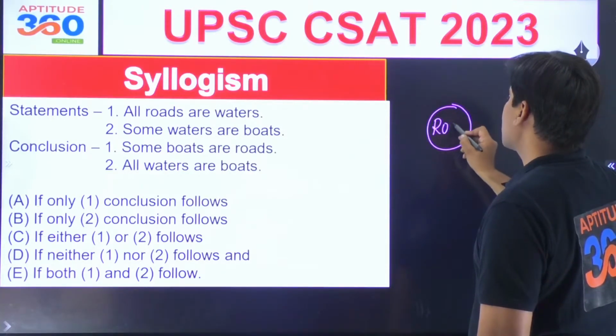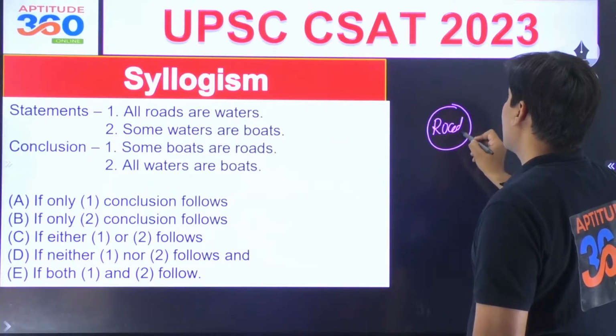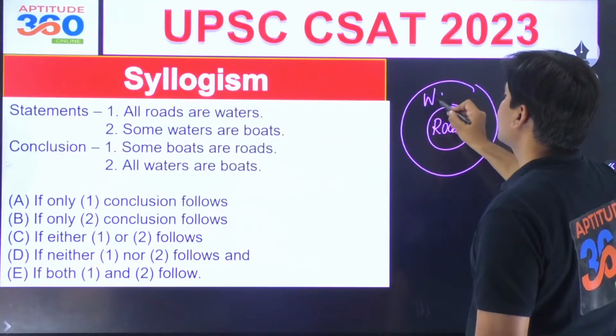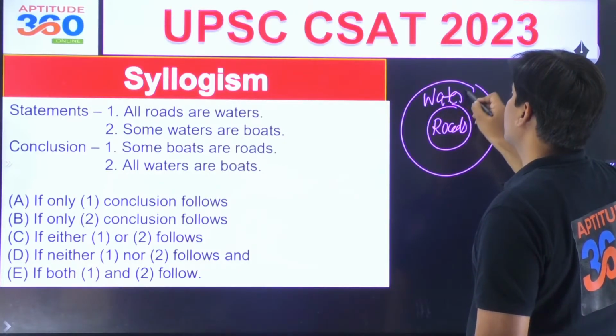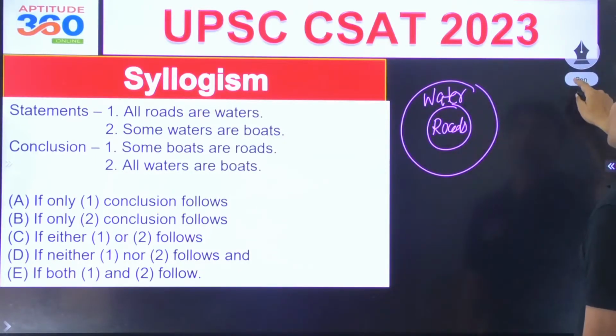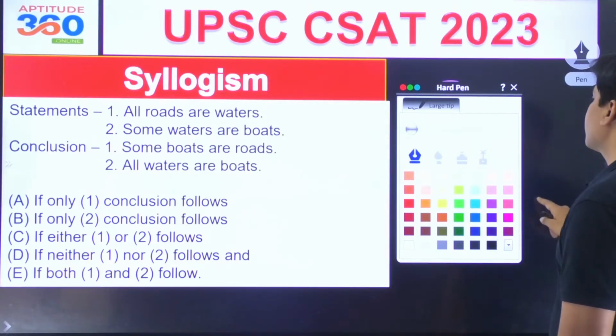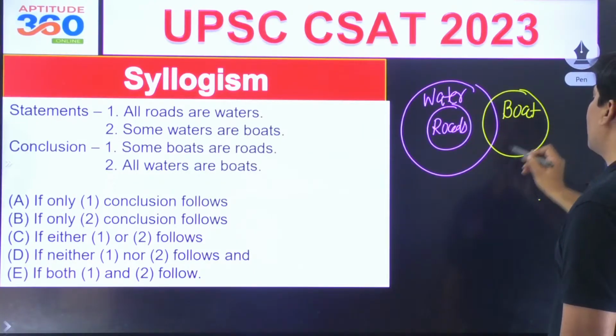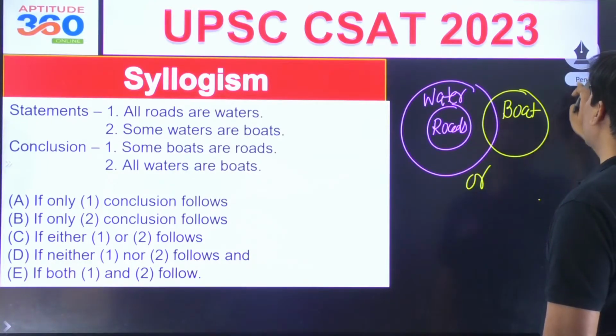All roads are water and some waters are boats. Can I make this diagram? Boat. Or can I make this diagram?